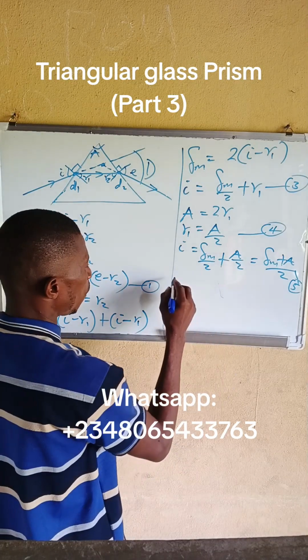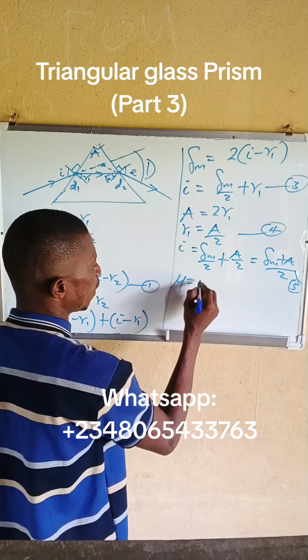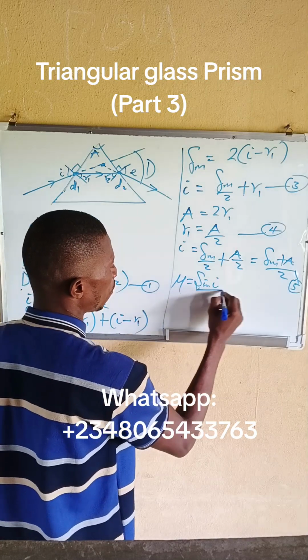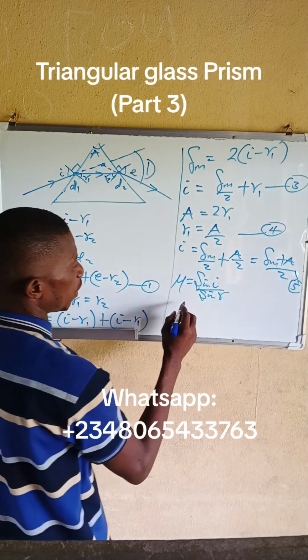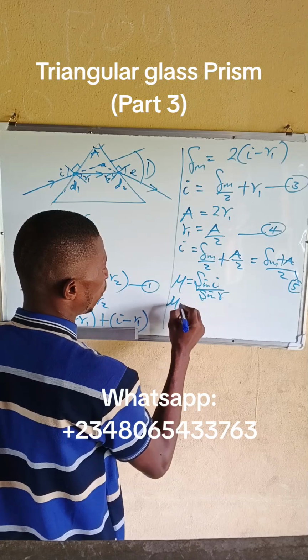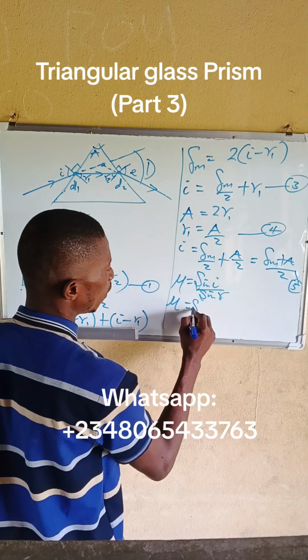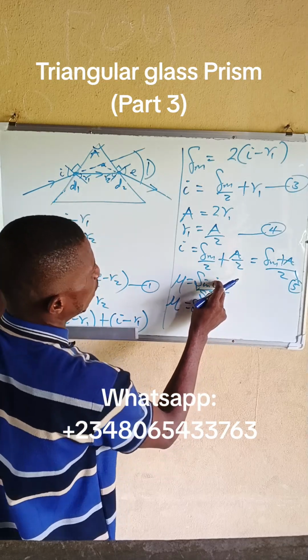From Snell's law, the refractive index is given as sine I over sine R. Okay, that is the refractive index. So the refractive index is sine I, and sine I is given as what?